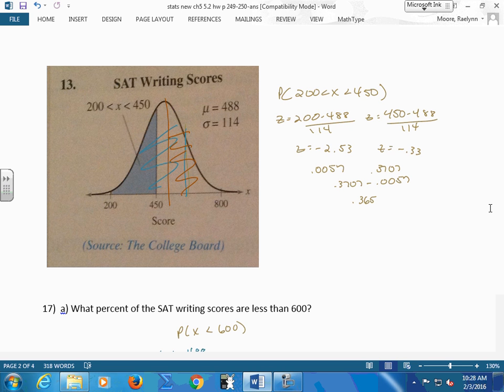Pull it right off your score. They didn't align this to your standard deviations. The book likes to put your x values on the bottom. I don't. Remember to find your z-scores, subtract your areas, not your z-scores. So it's the same thing, we just had to pull it off of the graph.